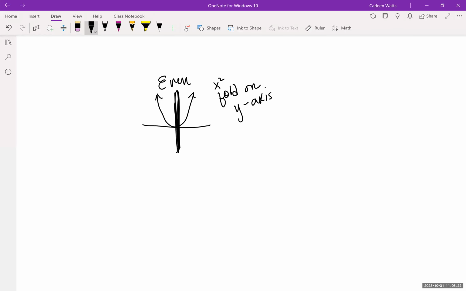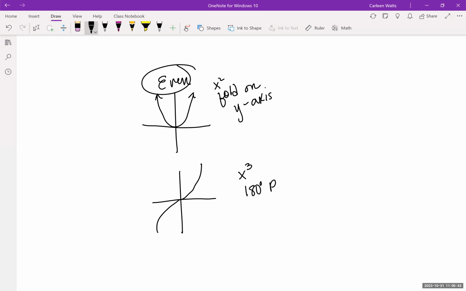If you can fold it on the y-axis and it lines up, then it is even. The parent graph for the odd is x cubed, which means if I rotate it 180 degrees, then it lines up on itself.